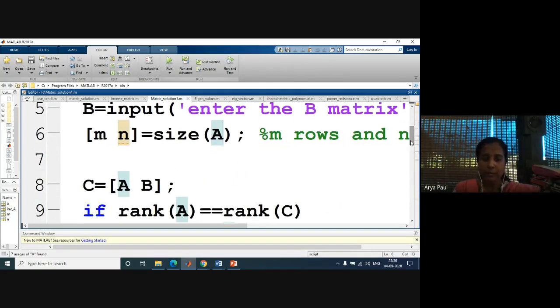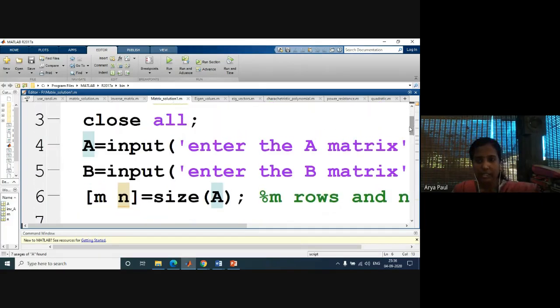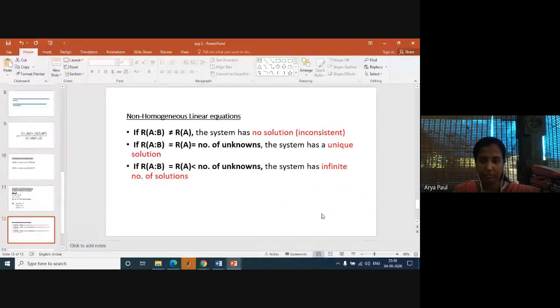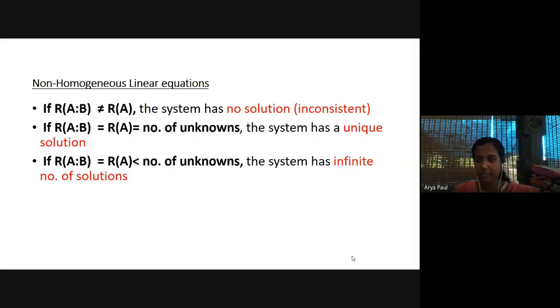Now you need to understand two things before solving this matrix equation. For a system of linear equations, consider the case where the rank of A, B is not equal to the rank of A. What is rank of A?